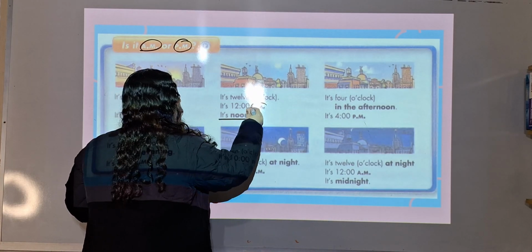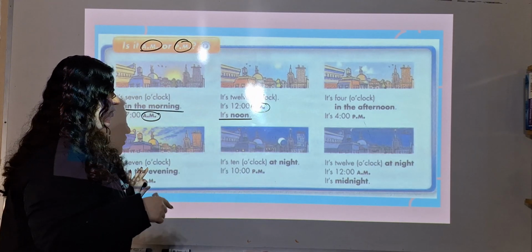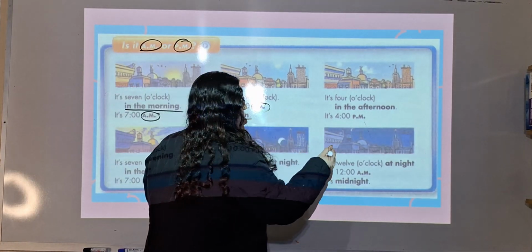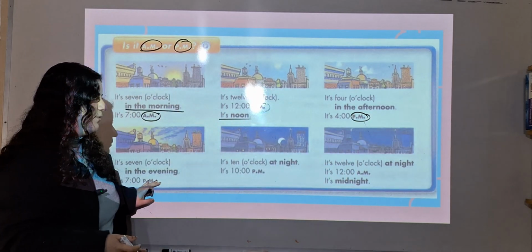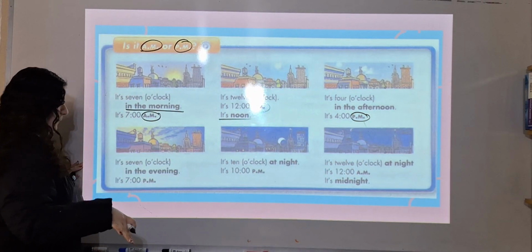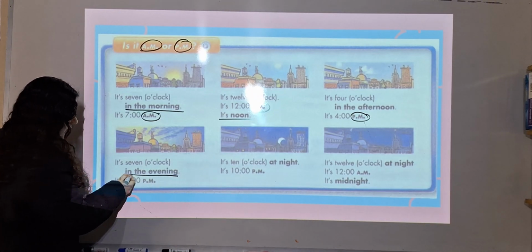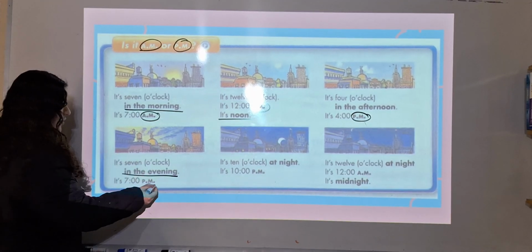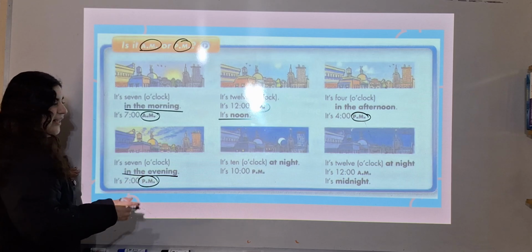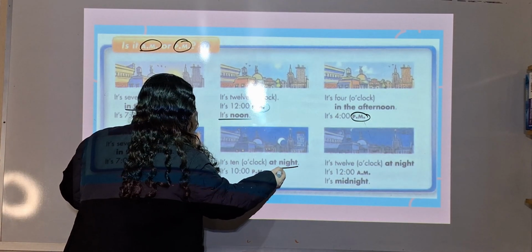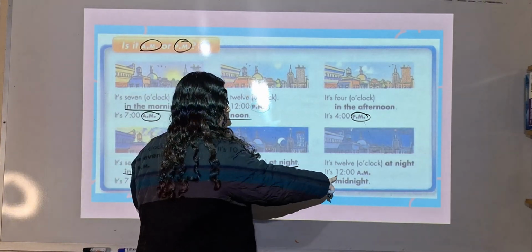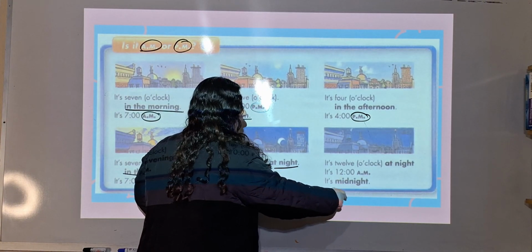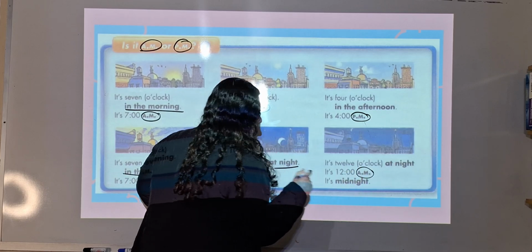So starting from 12 PM, 12 at noon, we're going to go with PM. After that, we have the afternoon, and we're going to keep using PM to tell the time. For example, it's 4 PM. Then in the evening, which is a little later, we're still going to be using PM. And the same thing happens at night, PM. But once the clock strikes 12 or midnight, we're going to start using AM.